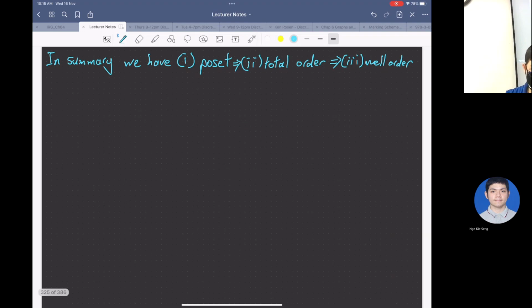And then the next one is the lexicographic order. What is lexicographic order? It's actually the order you use in the dictionary.